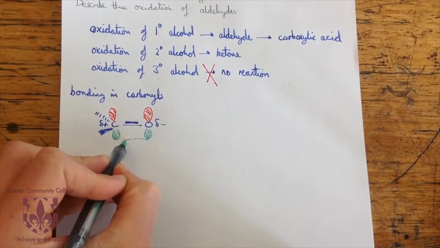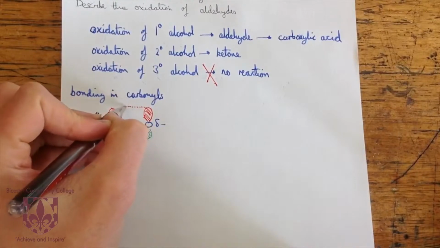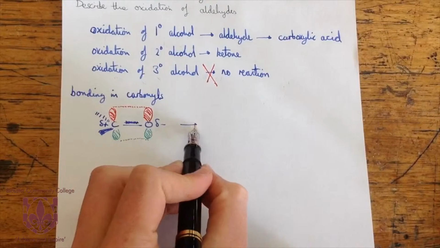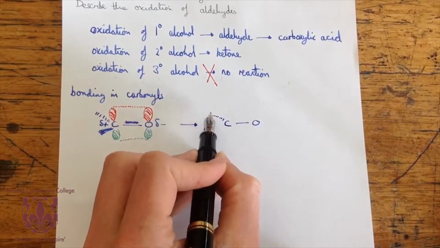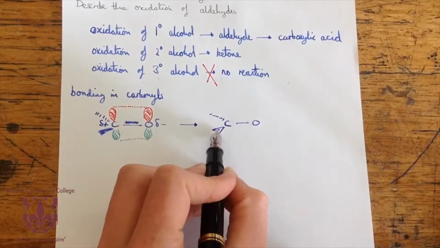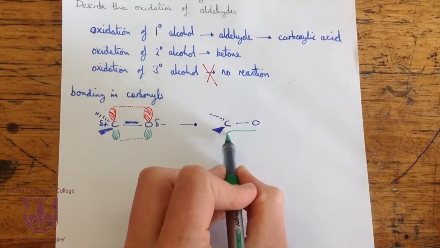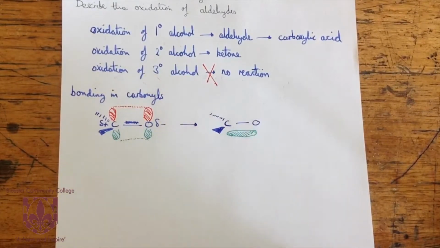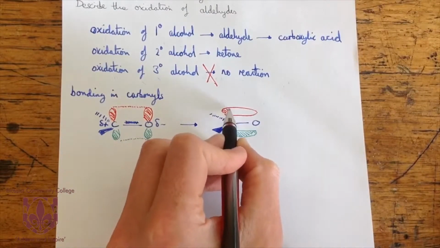So you get an overlap of the electrons here and the electrons there. We've seen very similar bonding patterns in benzene with our p orbitals, so we end up with a pi orbital below and above the bond.